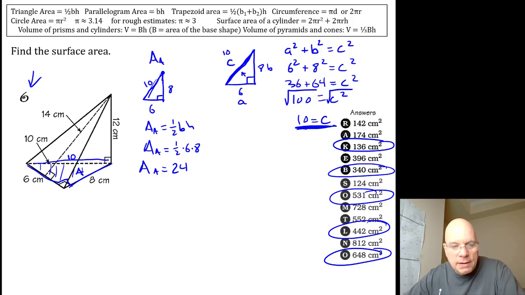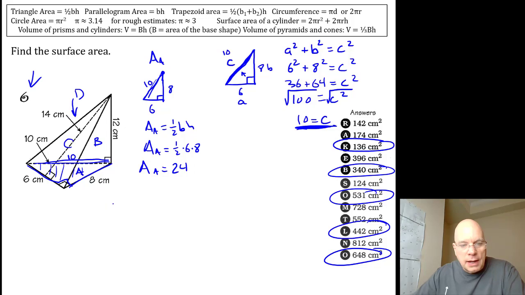This dotted line, this edge of the pyramid, this side of this triangle must be 10. And so these other faces, I'm going to label them B, C, and D because they're all different. And then I'm going to sketch them.